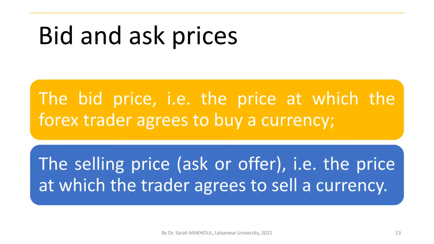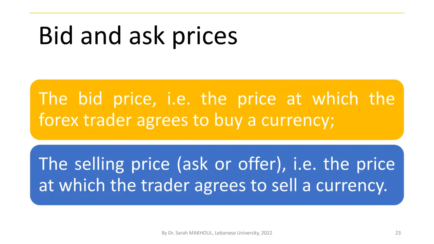Nowadays we can use the bid and ask prices. The bid price is the price at which the forex trader agrees to buy currencies, and now we are preparing ourselves to move toward the forward market, the forward market for the exchange rates. So investors go to the bank and want to buy currencies.